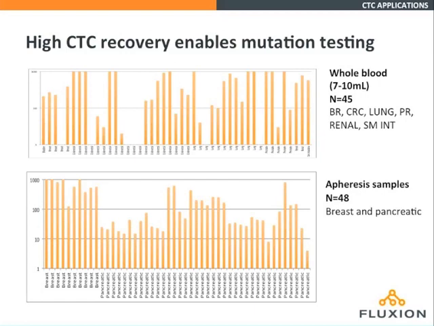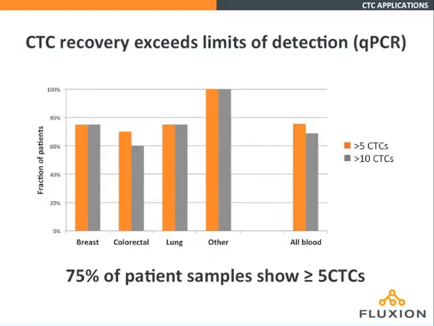And if you take all this data and you sum it up, what you basically end up with in terms of patients above the assay limit of detection is something like this. So across all indications, we have greater than 75% of patients that present greater than 5 CTCs in enumeration experiments for a number of different starting conditions.